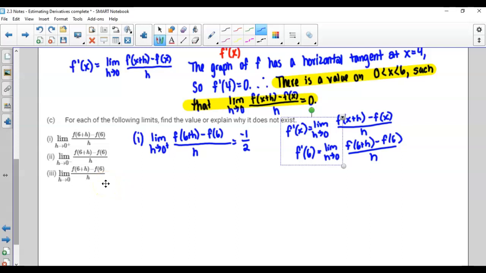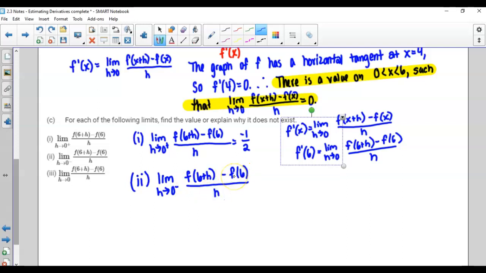We've got to think about this a little differently. So for the second one, we've got the limit as h approaches 0 from the left of f of 6 plus h minus f of 6 all over h.